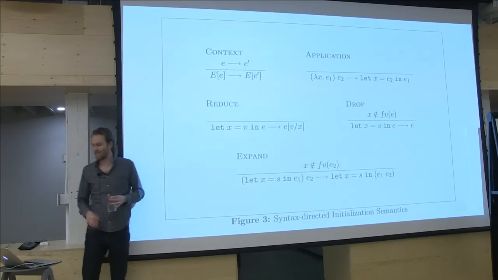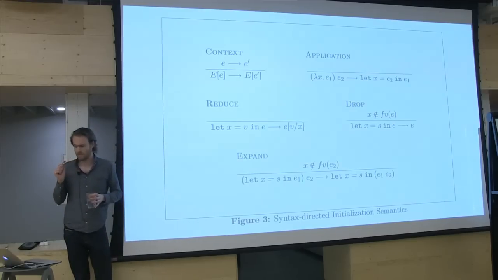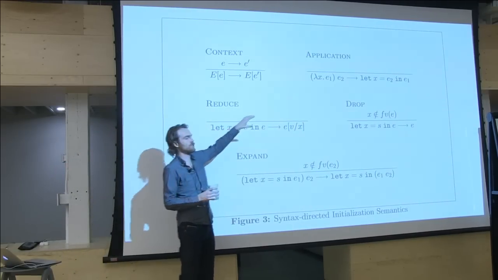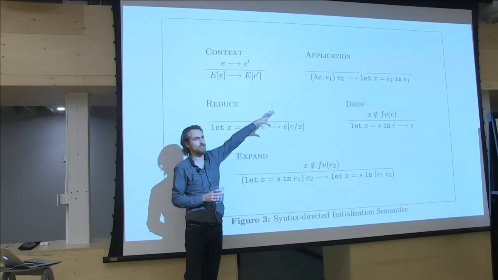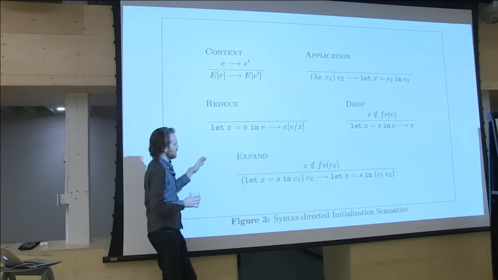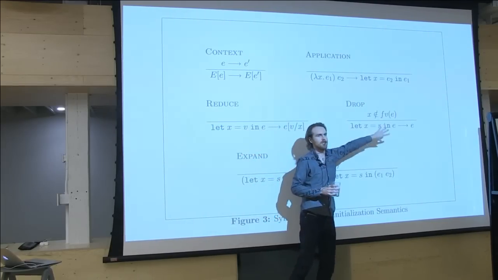Here are the initialization semantics. Basically, all that I'll say about this is that there are some particular rules in here for transforming function application into let expressions, and for transforming let expressions with signals in them into other things.